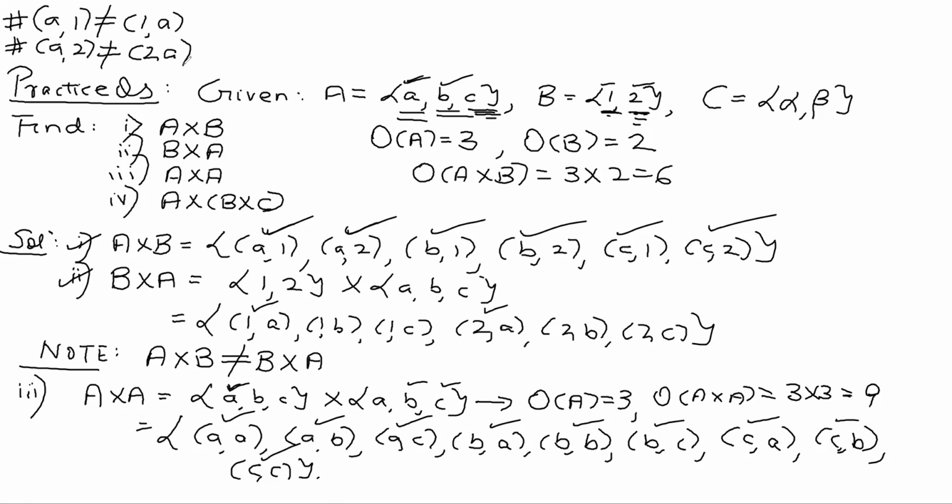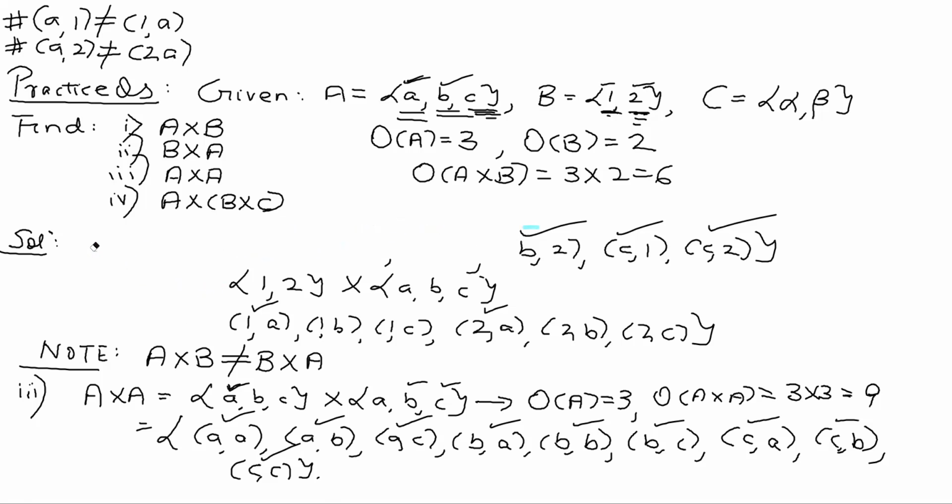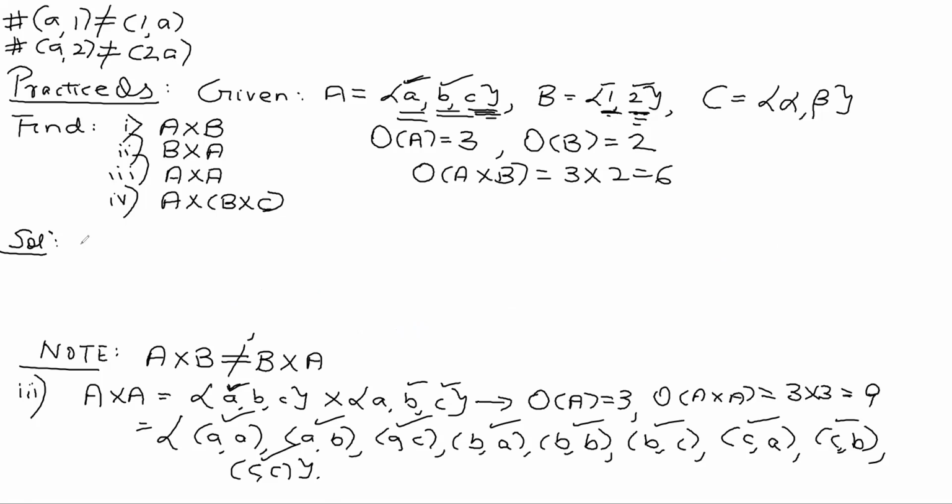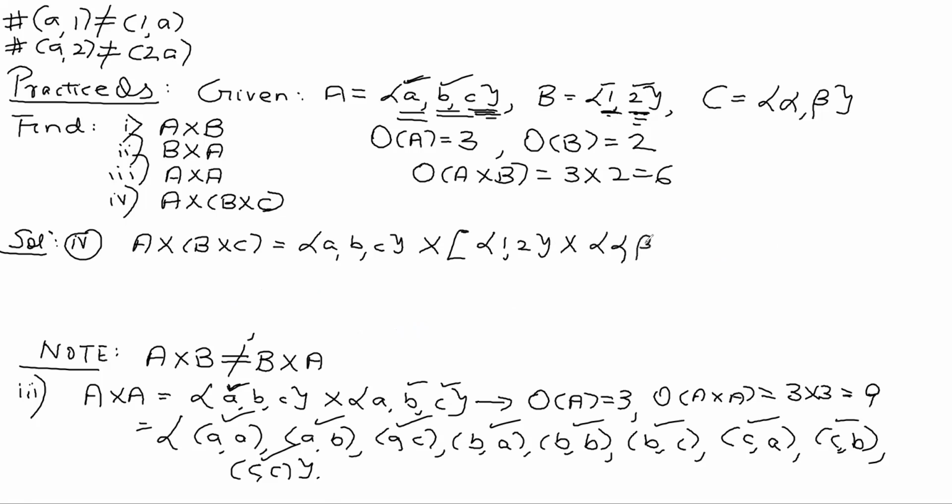Then we can also find the fourth part. We have calculated the first 3 parts, so let's find the fourth part: A cross B cross C. That means the set {a, b, c} cross the set {1, 2} cross the set {alpha, beta}.